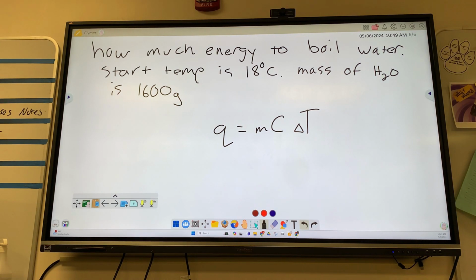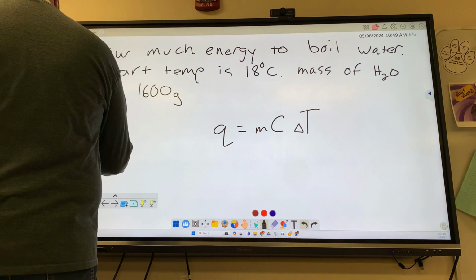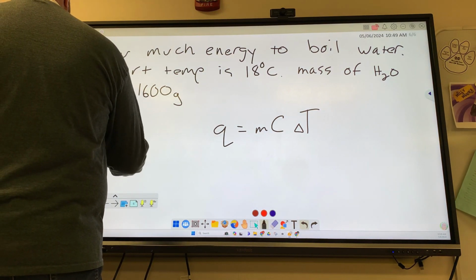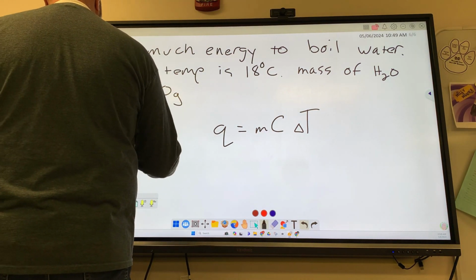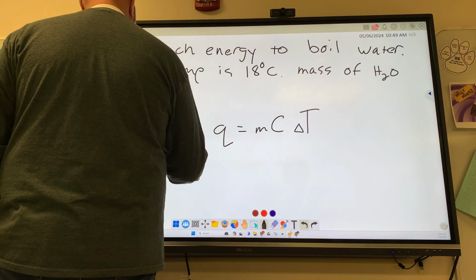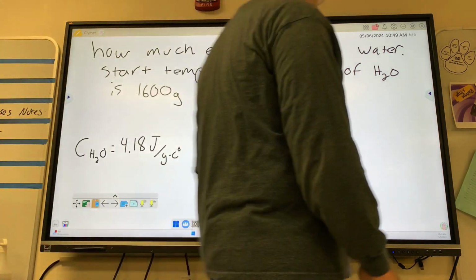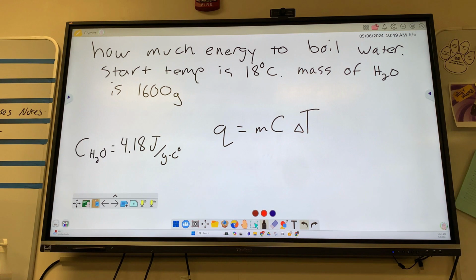Specific heat of water. Go ahead and use 4.18 for your specific heat of water.